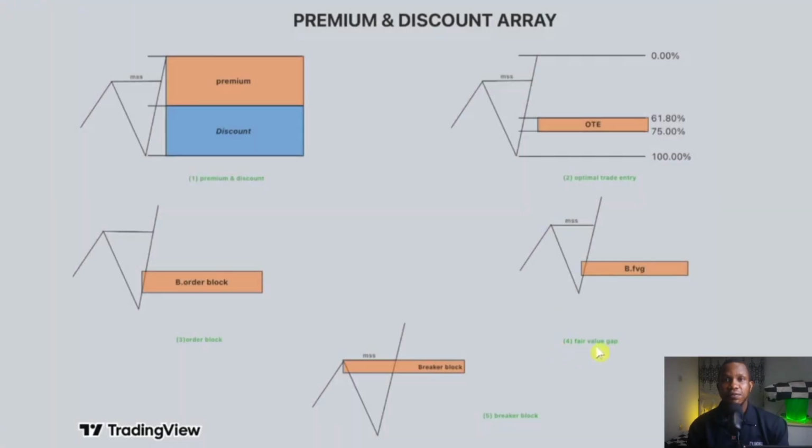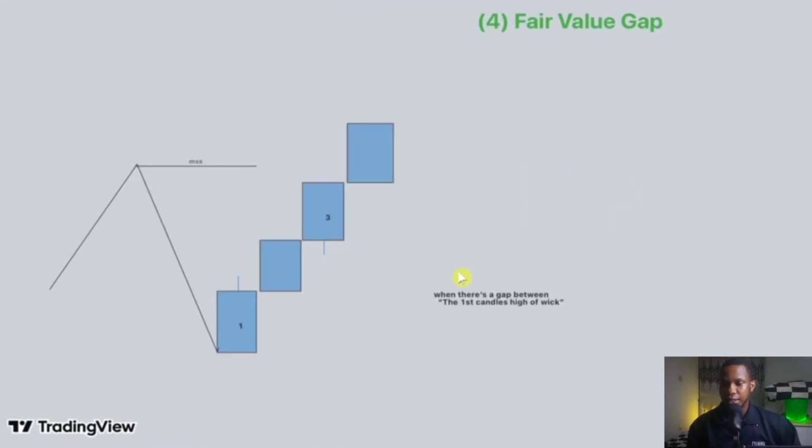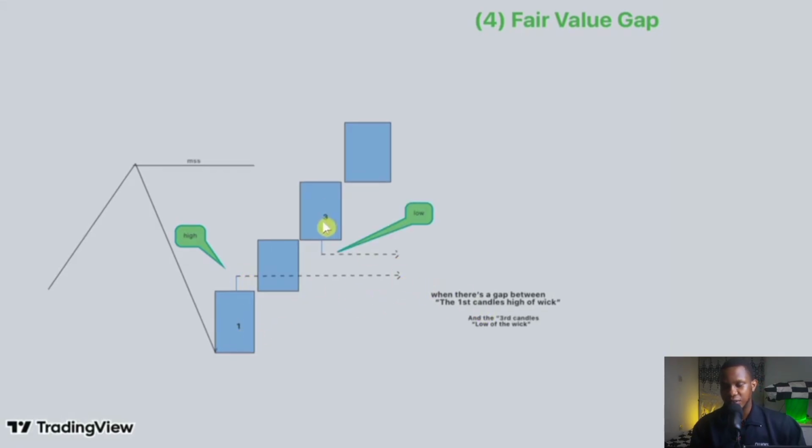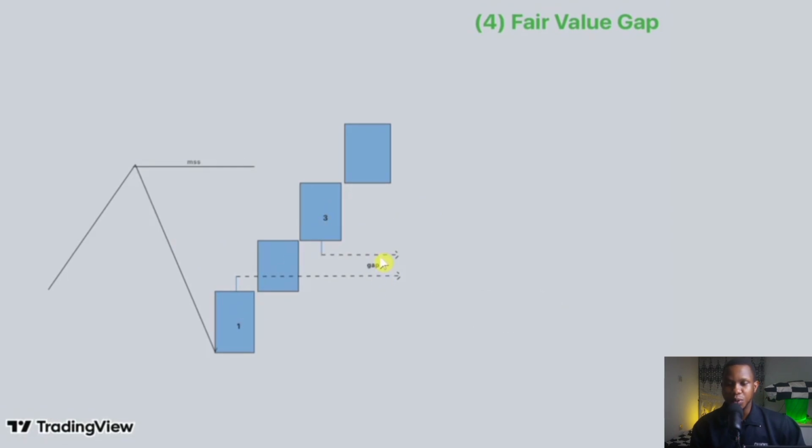So the fair value gap is when there is a gap between the first candle's high and the third candle's low. This is what I mean. This is your first candle, you mark out the high of the first candle, and the third candle, remember 1, 2, 3, the third candle's low. Can you see there is a gap between these two?